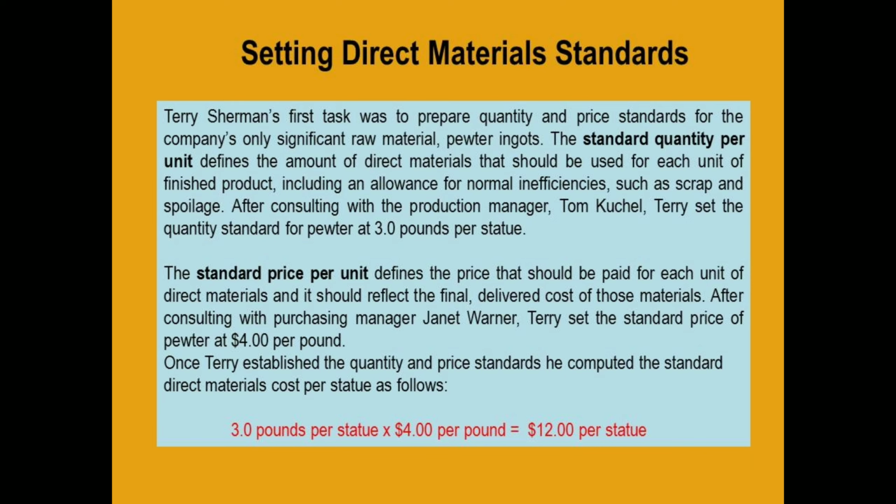Once Terry established the quantity and price standards, he computed the standard direct materials cost per statue as follows: 3.0 pounds per statue multiplied by $4 per pound, which is equal to $12 per statue.